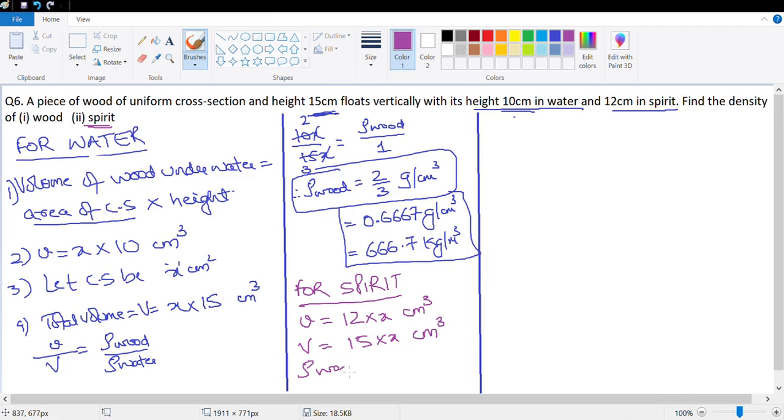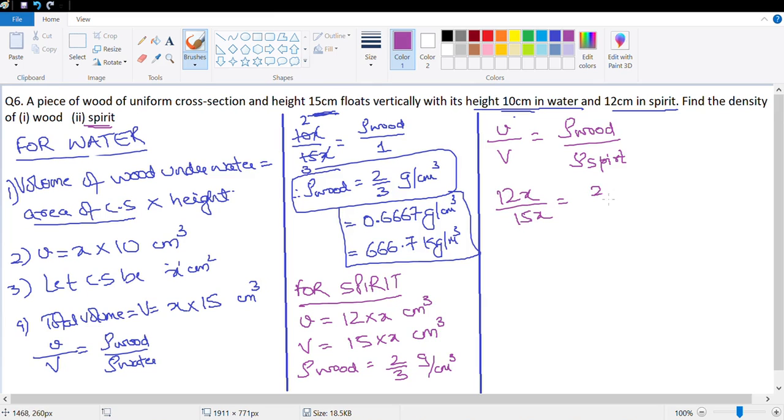Density of wood we've just calculated as 2 by 3 gram per centimeter cube. So we know small v upon capital V would be equal to density of wood upon density of spirit. Let's substitute values: small v 12x, capital V 15x, density of wood 2 by 3 divided by density of spirit.